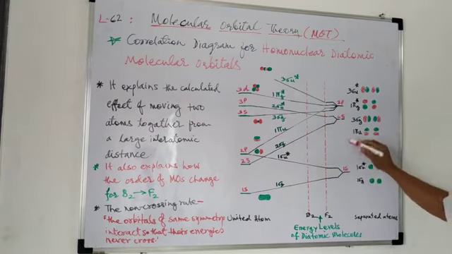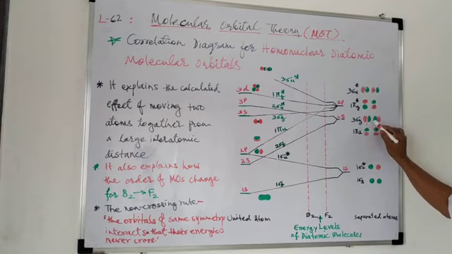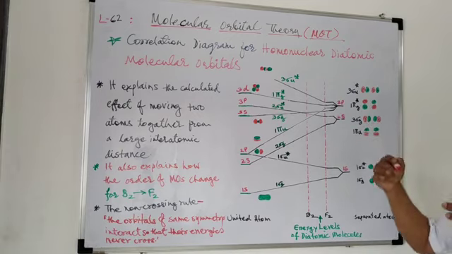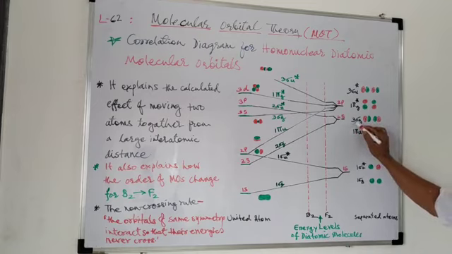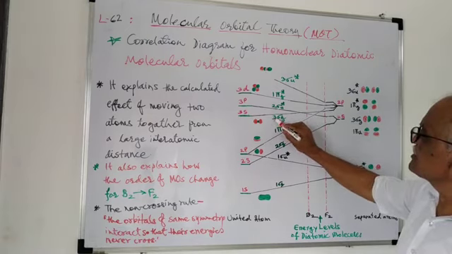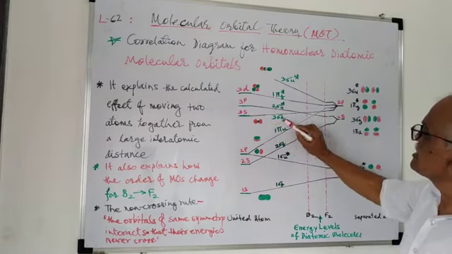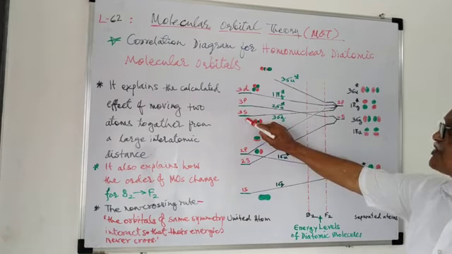Here you will find that the p orbitals of sigma orientation, when they undergo linear combination, will produce the sigma orbital of bonding nature, that is 3 sigma g. So we have shown this 3 sigma g, which has the same symmetry as this 3s.